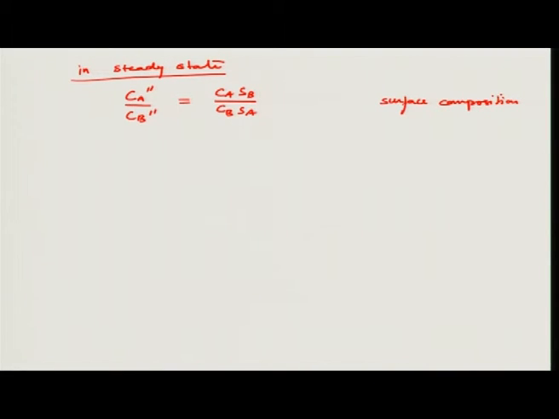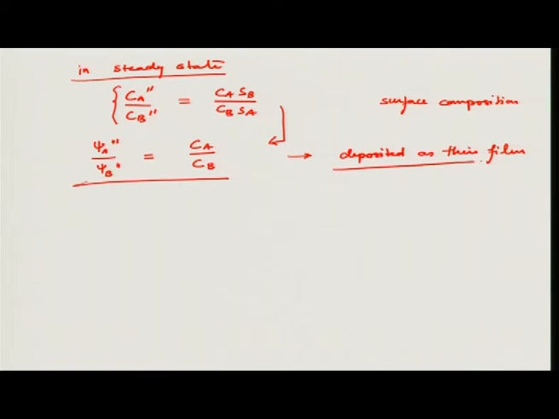A steady state will be reached where my surface composition will become this, and then if I calculate the flux from this surface composition, I will get psi A double dash over psi B double dash equal to Ca over Cb. Because this is the flux ratio of material in the vapor phase, this is the composition deposited as thin film, which was our goal to start with.